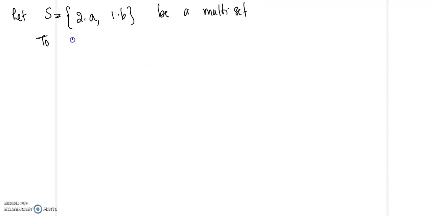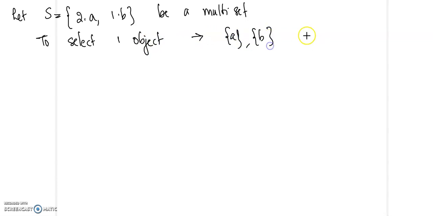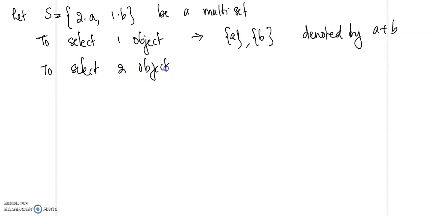Then let us look at how many ways you can select one object. To select one object, we can select the singleton sets A and B. That will be denoted by A plus B. Now if you need to select two objects, we have A square and AB.